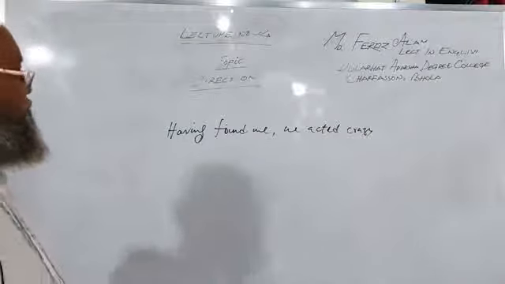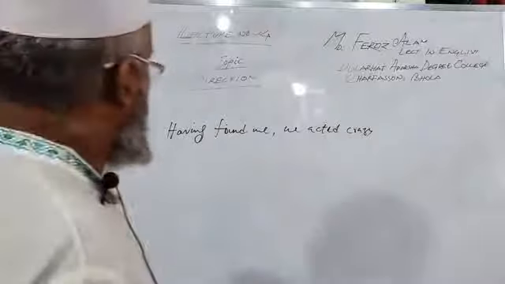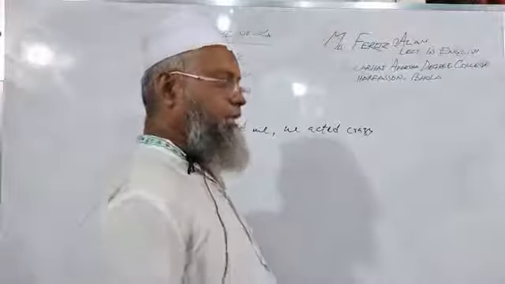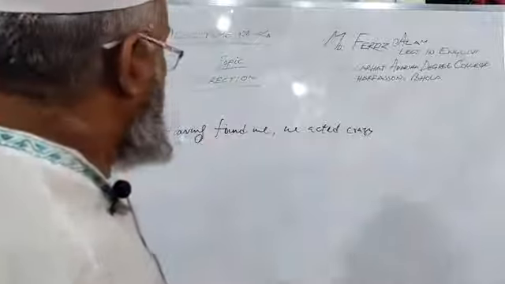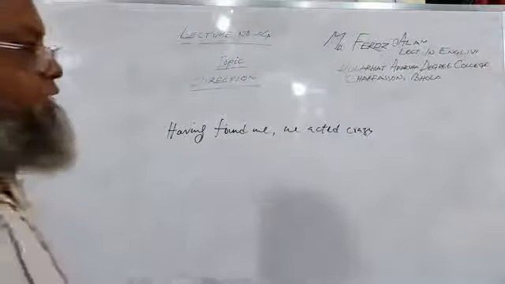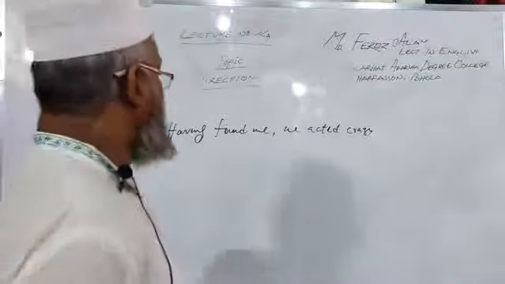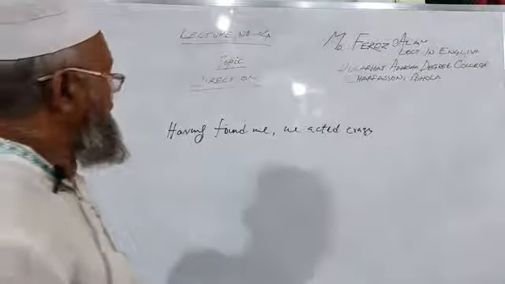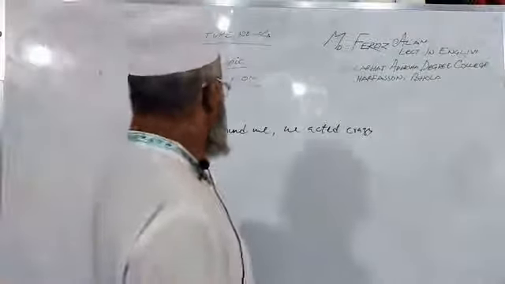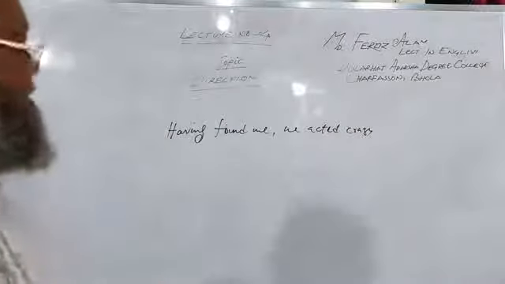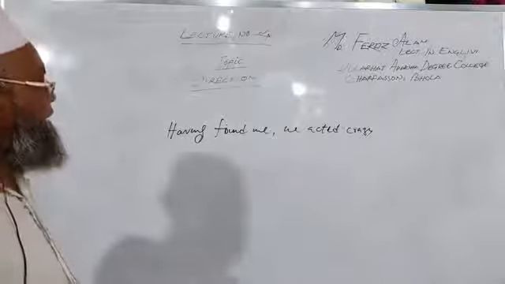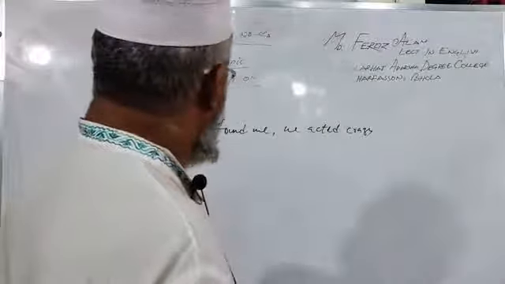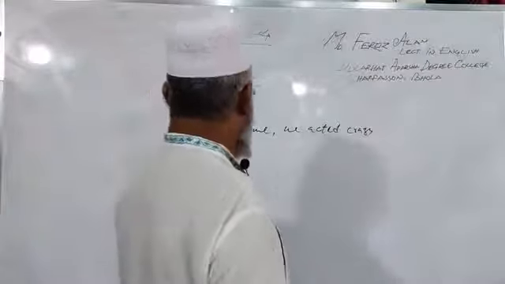Actually, here we have to say that theory structure of participle: present participle is used in the time of sense of active, and past participle is used during the sense of passive. And when we find the suspension and the interval between two clauses, then you have to do the perfect participle.